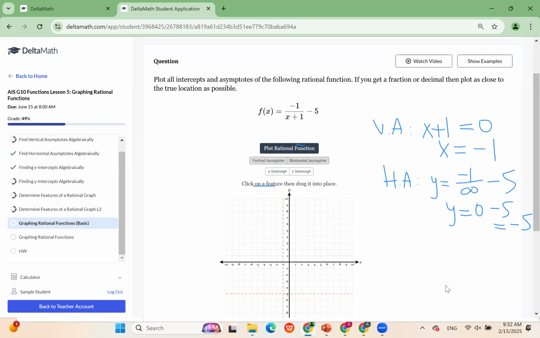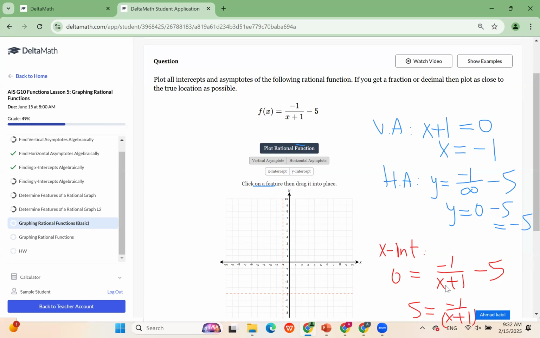Now we want the x-intercept and the y-intercept. Let's get the x-intercept first by putting y as 0. So for the x-intercept, we put 0 equals -1 over x plus 1, minus 5. Take the 5 to the other side, so 5 equals -1 over x plus 1.